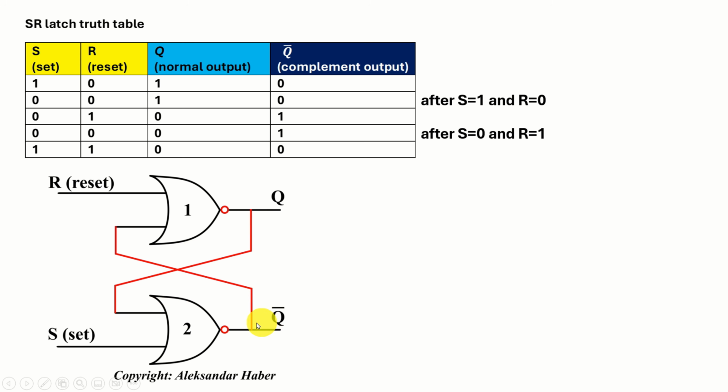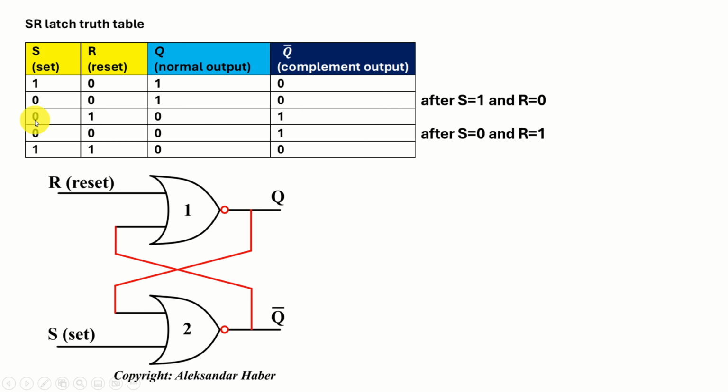This 0 over here is fed through this feedback loop and connected back to the input of the first gate. Now here we have 0 and reset is 0, and this produces 1, and consequently the normal output will be 1 and the complement output will be 0.